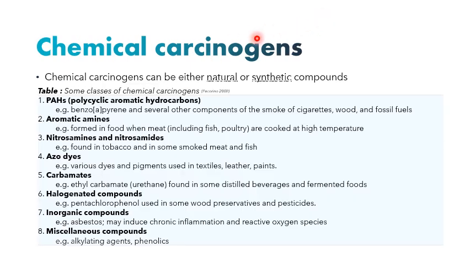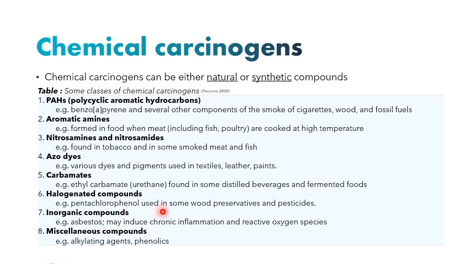Another type are the chemical carcinogens. They either can be natural or synthetic. These are some of the classes of the carcinogens and some of the examples. For example, here the azo dyes group, some dyes and pigments used in the textile, leather, and paints might be chemical carcinogens, or might cause some cancerous cells.